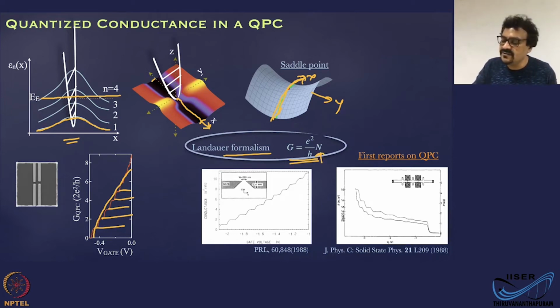As you vary the gate voltage, you are reducing the number of channels and reducing the conductance in a step-like manner. You can see from these plots that the conductance is going to vary in a step-like manner, in units of e square by h.